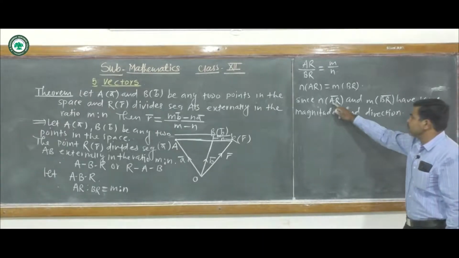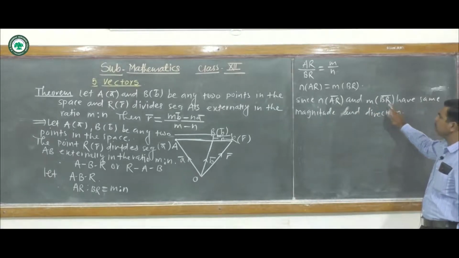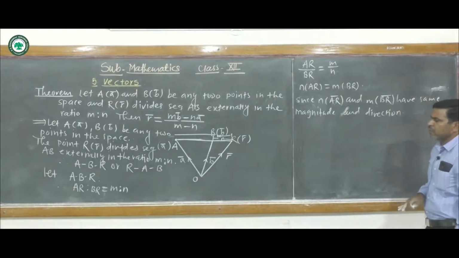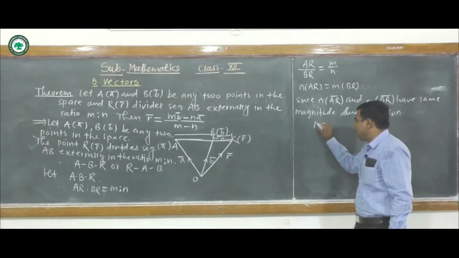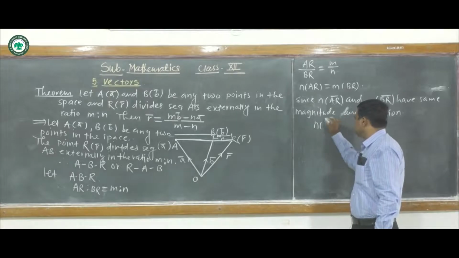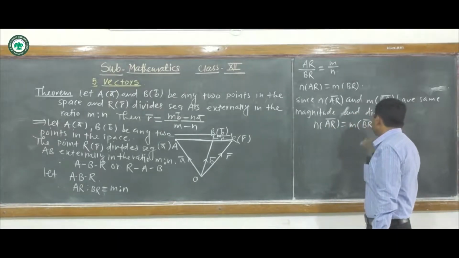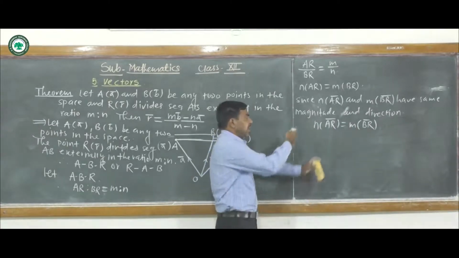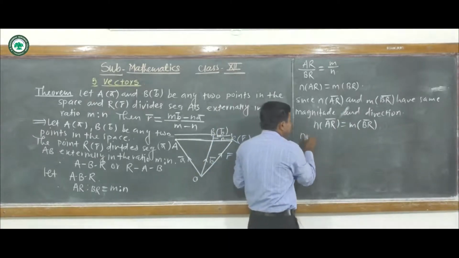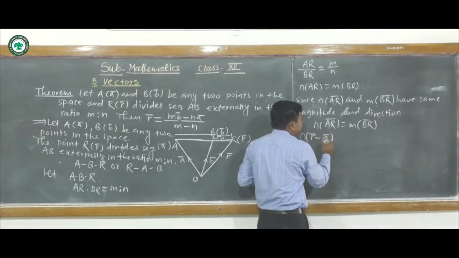Since n into AR bar and m into BR bar have same magnitude and same direction, by the definition of equal vectors, n into AR bar is equal to m into BR bar. So now use the definition of position vector and simplify this. That is n into position vector of R bar, that is R bar minus A bar.